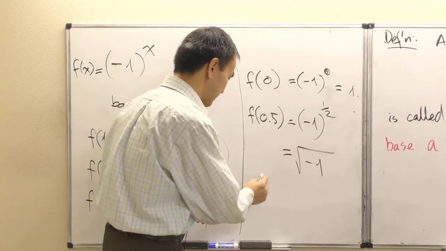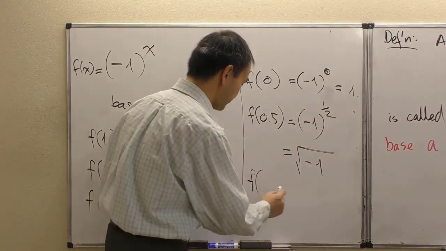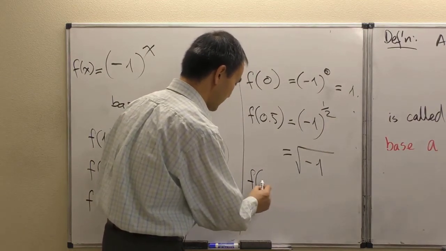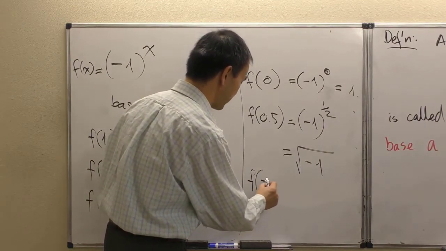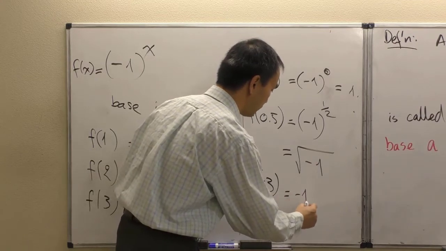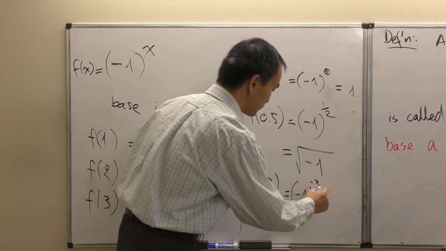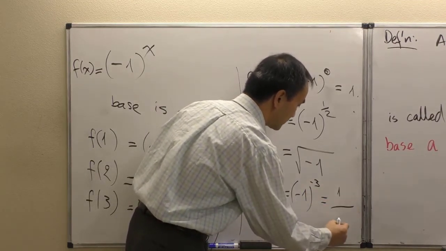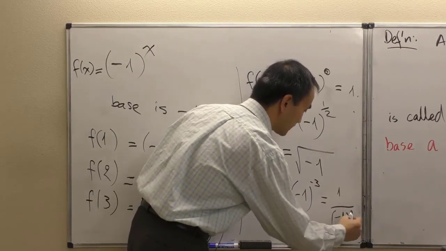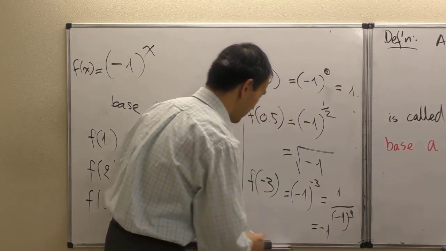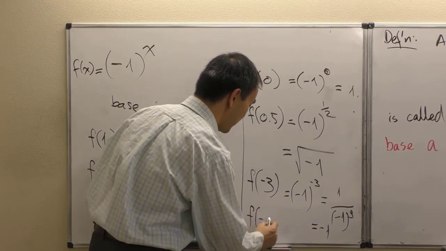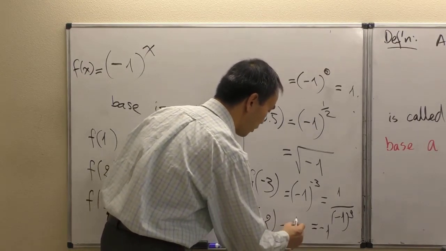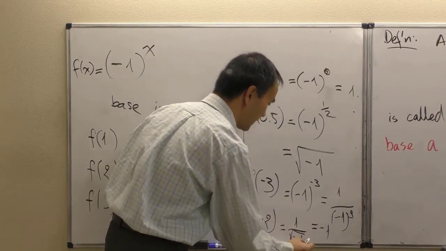And then when we see some other inputs, say -3, it's (-1) raised to the negative 3 power, making it 1 over (-1) to the third, which is -1. And then when it gets to the power of negative 1/2, we have 1 over the square root of negative 1, another undefined.